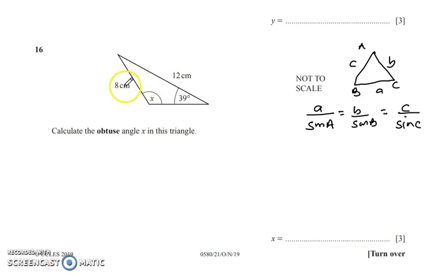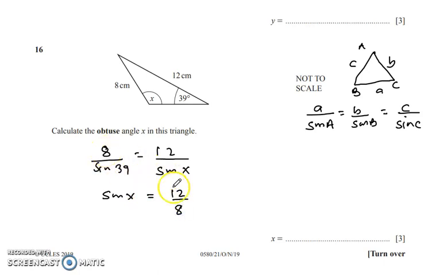But in this case this side is given, this side is given, this angle is missing, so we are going to apply the sine rule. So 8 upon sine 39 is equal to 12 upon sine x. Now sine x is equal to 12 upon 8, 8 will come here, into sine 39.